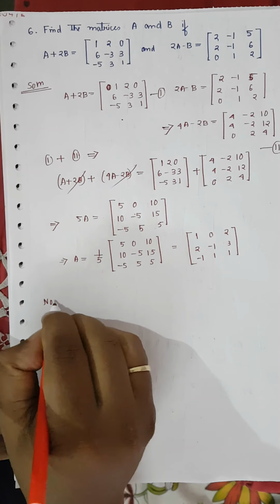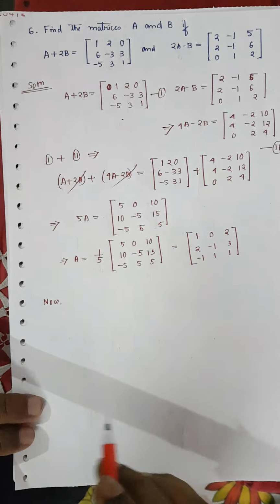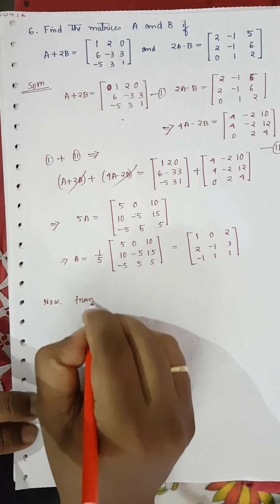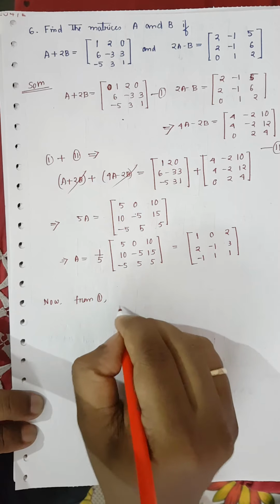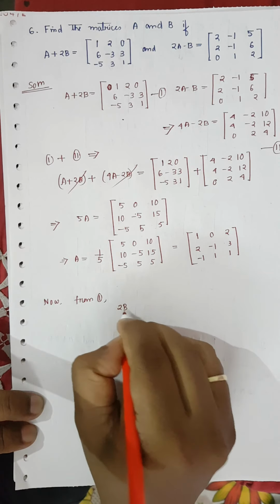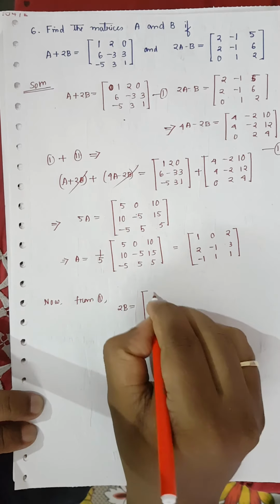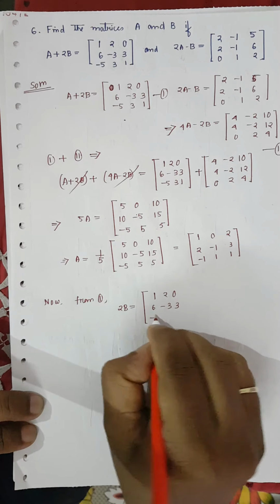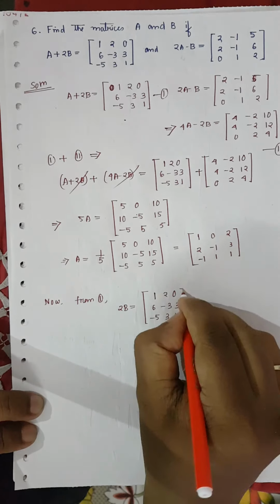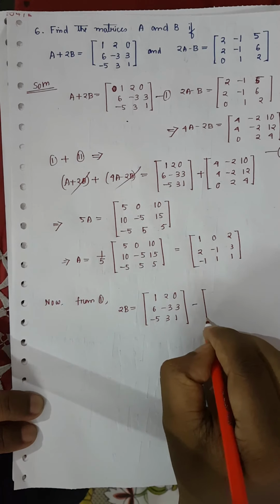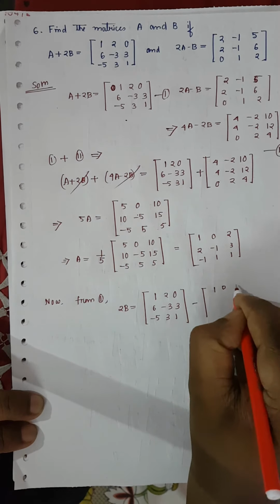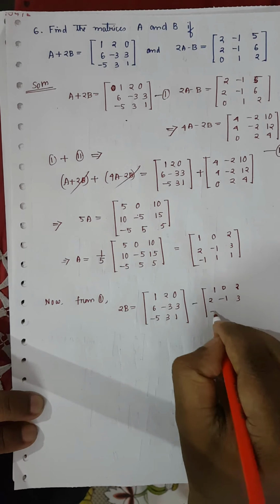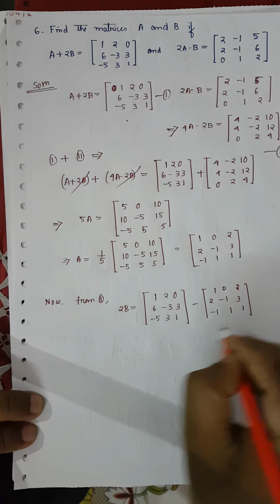Now I will replace the value of A here. From 1 we can say that twice B is equal to [1 2 0; 6 -3 3; -5 3 1] minus A, and A is equal to [1 0 2; 2 -1 3; -1 1 1].